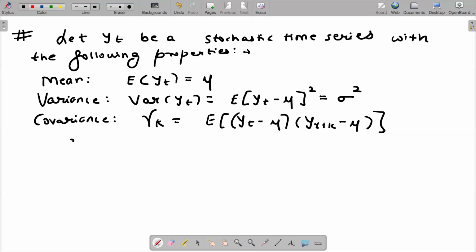Here gamma k is the covariance at lag k.